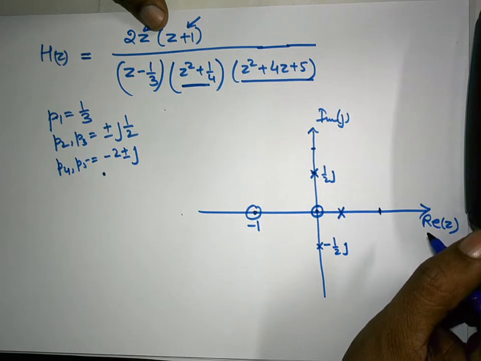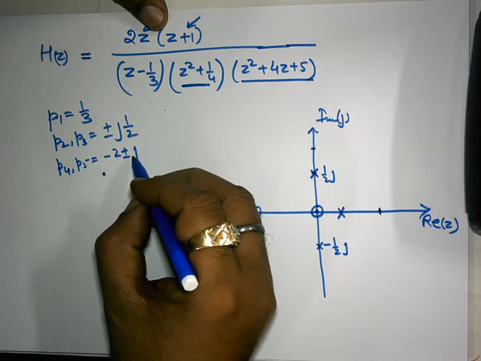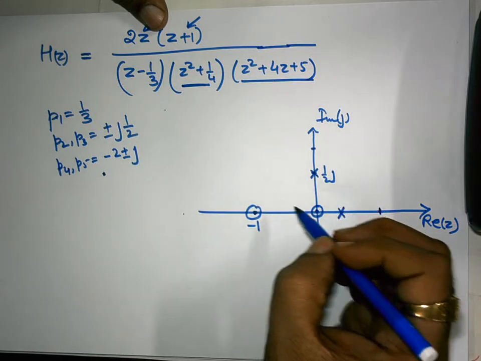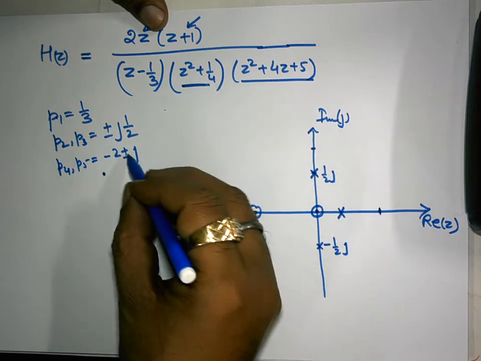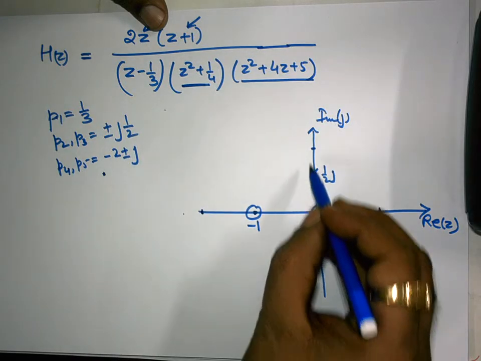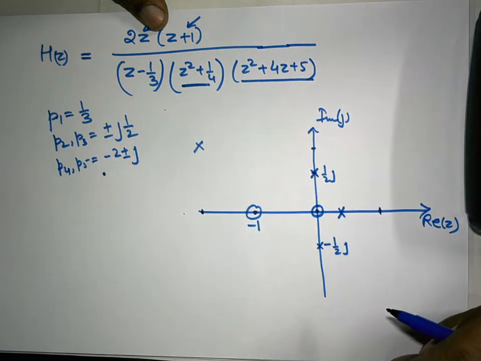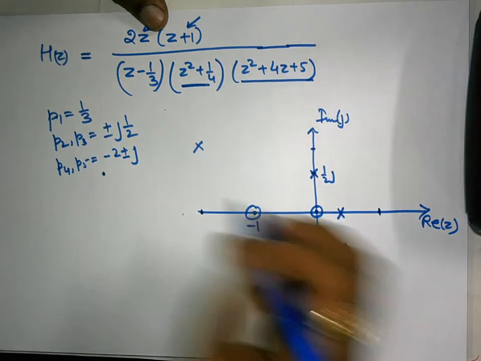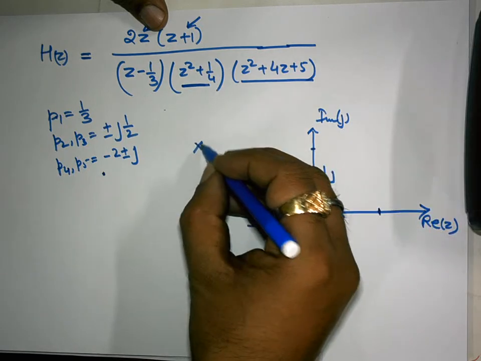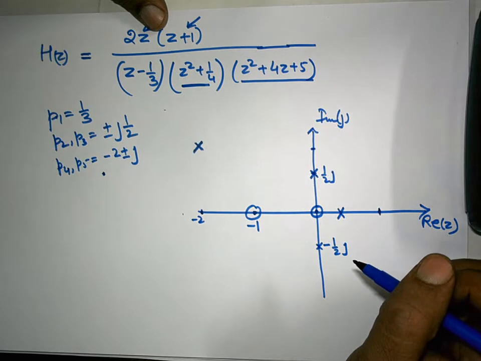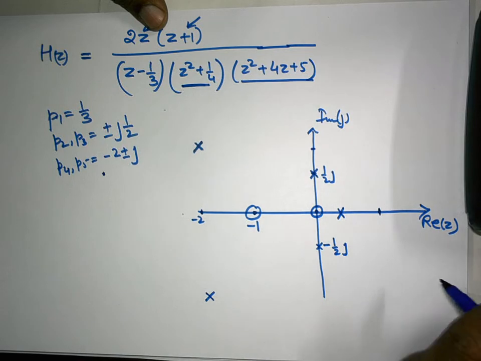Using that expression you can evaluate the roots, and this will come out to be minus 2 plus minus j. So where will these poles lie? Where is minus 2? Minus 2 is here. For minus 2 plus j, from this point on the axis you have to move up. So somewhere here we will have this pole, because this is the minus 2 point and this is the plus j point. So this pole will occur here at minus 2 plus j, and one pole at minus 2 minus j.